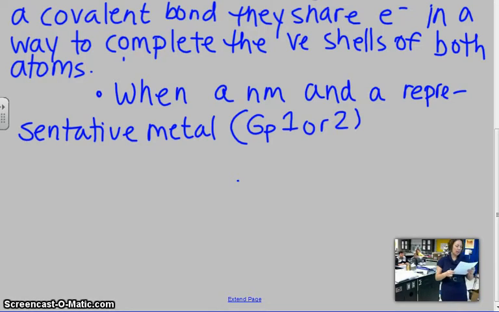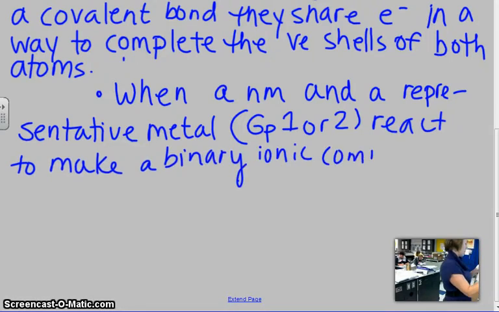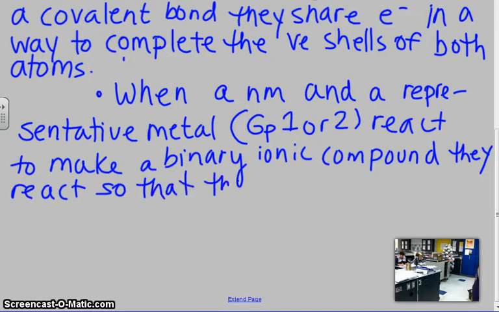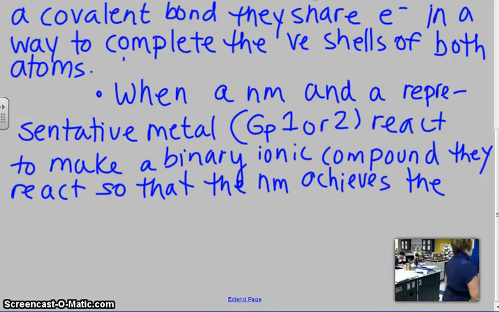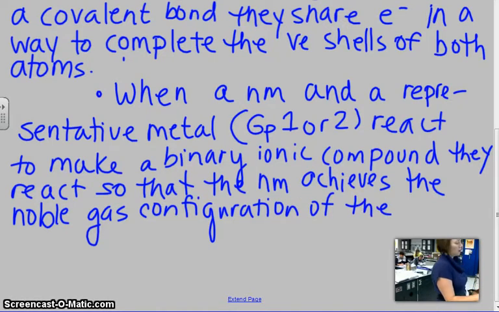So when we have a nonmetal and a representative metal react to make an ionic compound, a binary ionic compound, they react so that the nonmetal achieves the noble gas configuration of the group 18 element in its row.